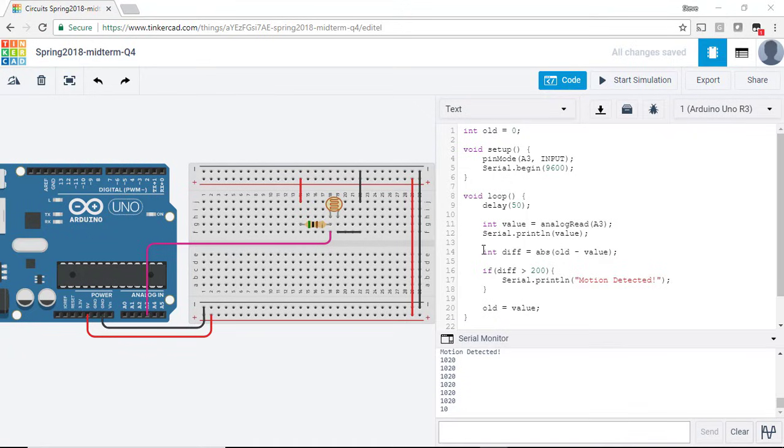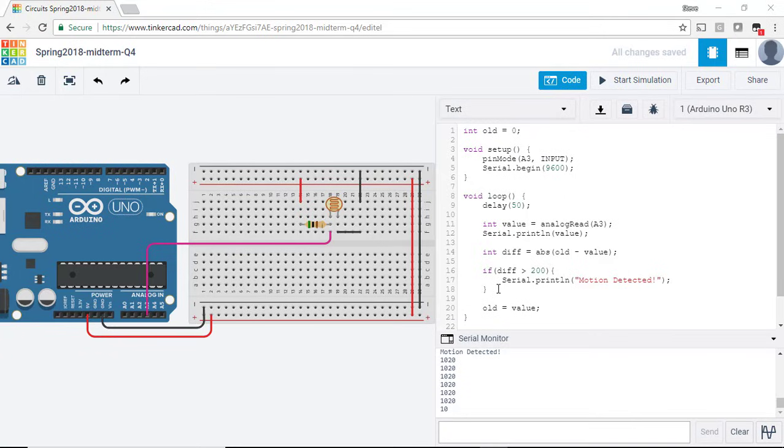I then run through and look at the difference, old minus value. Now I have to actually run through the code one time. The first time, rather, I'll have 0 and then I'll actually reassign old later. So I look at the difference between old and the current value, and I take the absolute value of that because I could be going up in voltage and I could be going down. Now I have an if statement here.